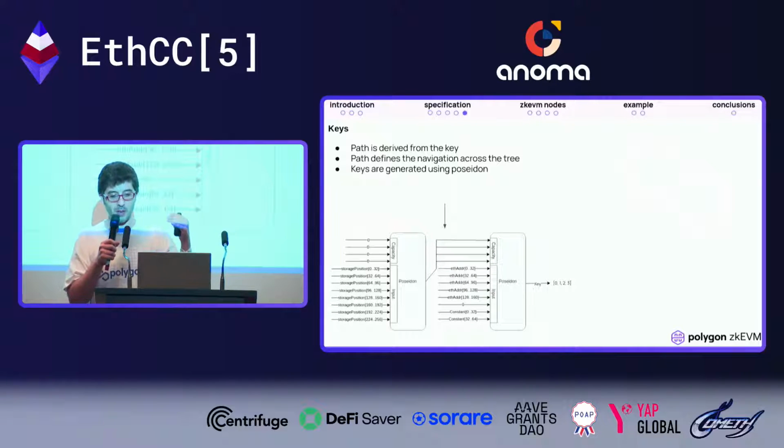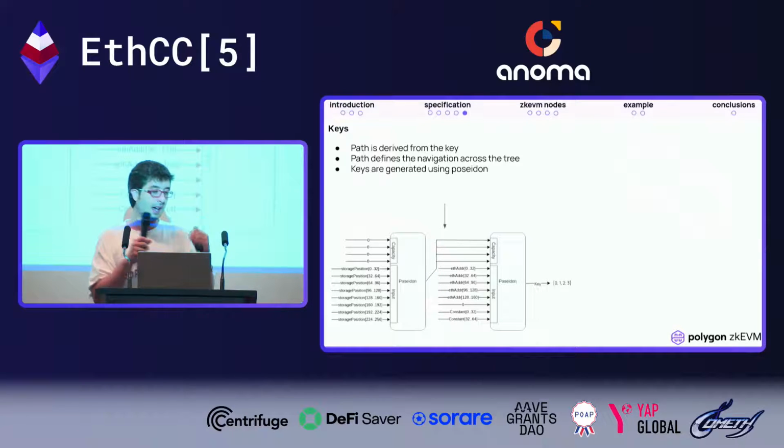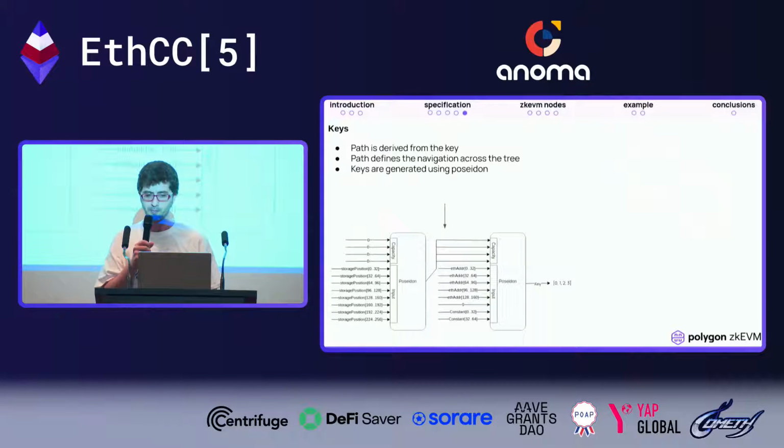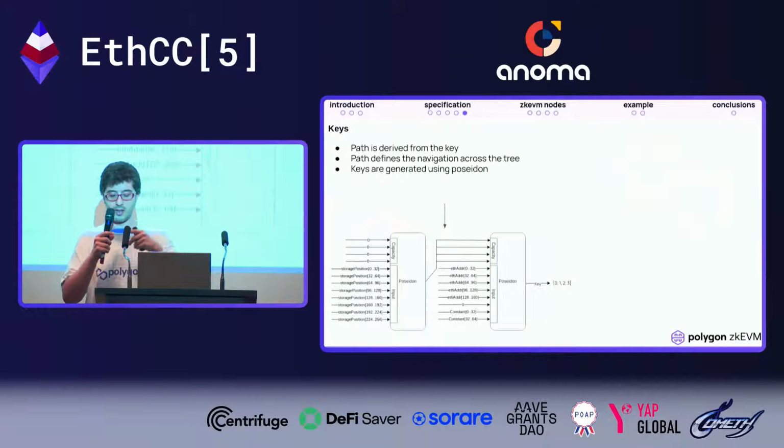So first, we need to remember which are the fields that we need to insert into the state tree, which is basically the nonce, the balance, the code hash, and all the storage of a smart contract. So we need basically the storage position, the Ethereum address, and then we add this constant here in order to differentiate leaves.